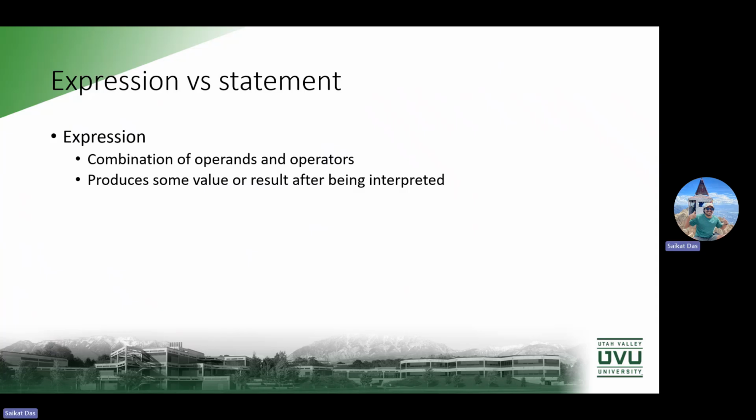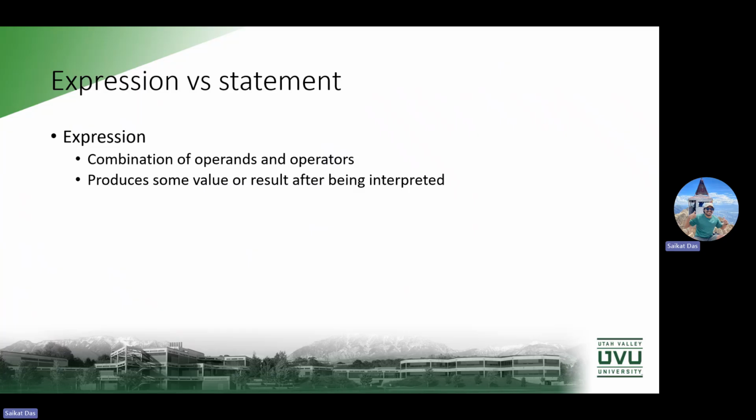Now come to the expression and statement. We have written expression, like our Python expression. Expression can be a combination of operands and operators. What is the operand? And what is the operator?